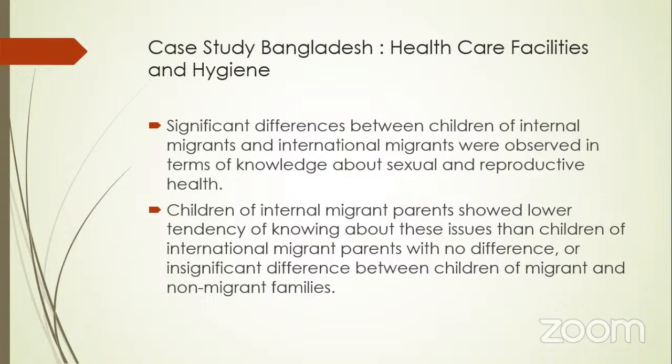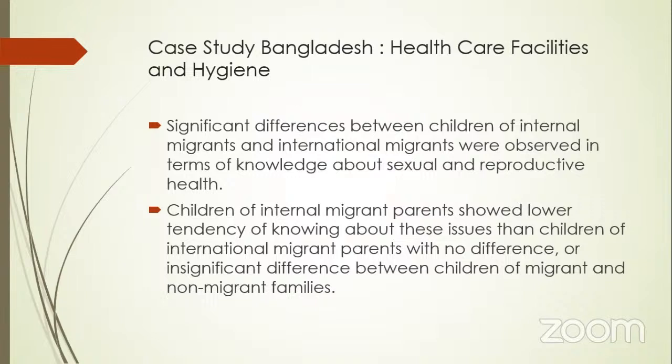Children of internal migrants showed a lower tendency of knowing about this issue. Possibly the international migrant parents are themselves being exposed to such situations and they are talking to their children. I do not know.